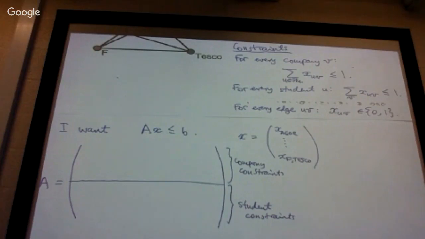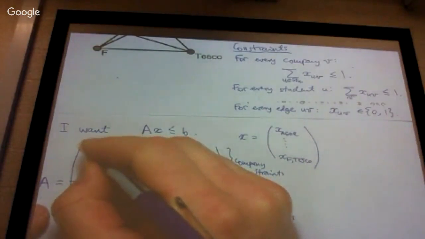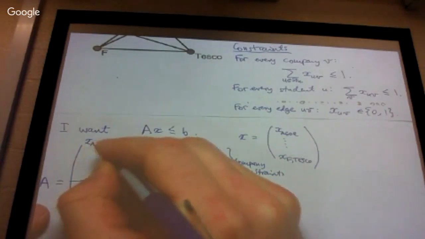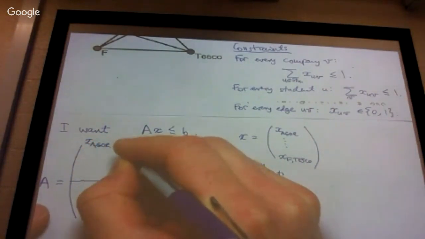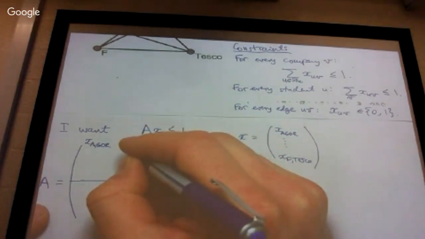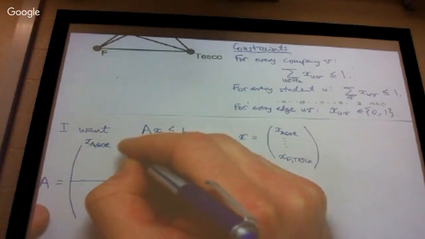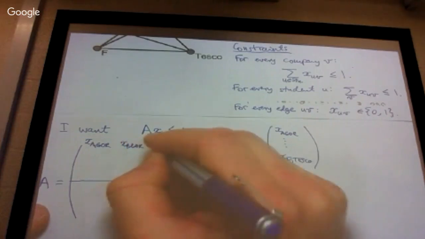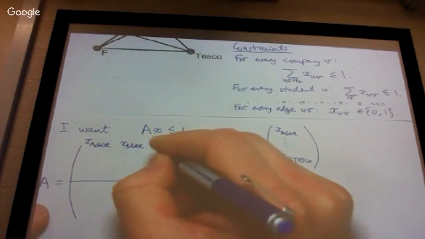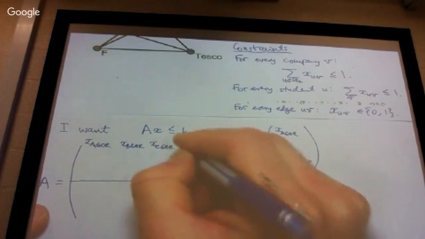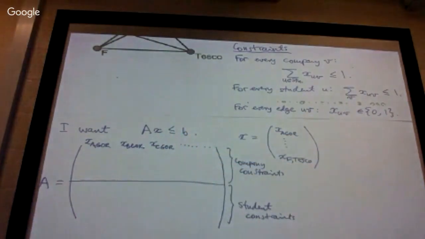And the columns correspond to all the decision variables. So the first one is X_A,Go, the second one is X_B,Go, the third one is X_C,Go, and so on. We have decision variables for all the edges.